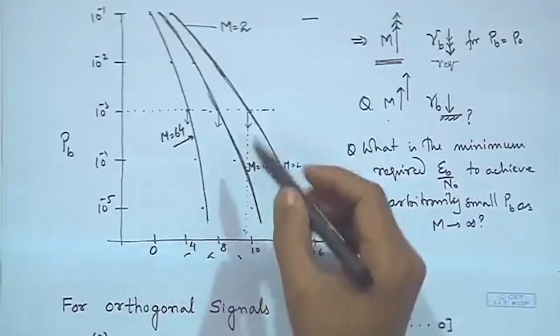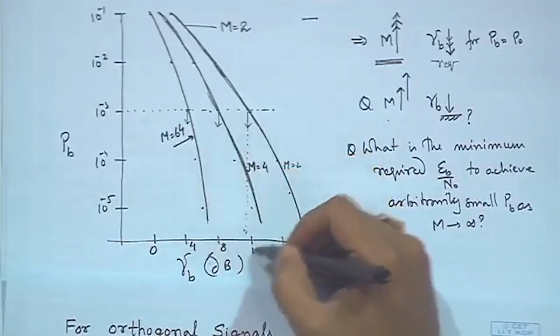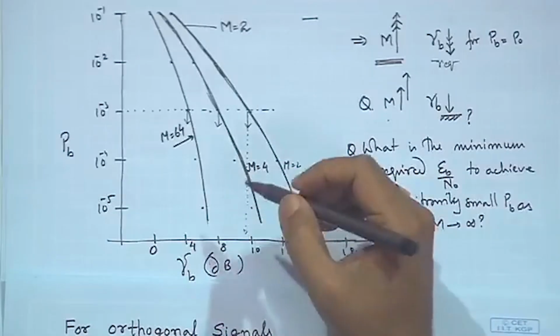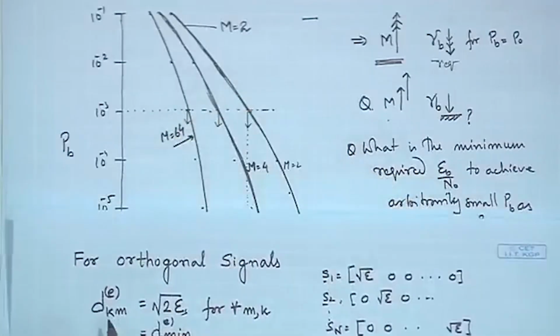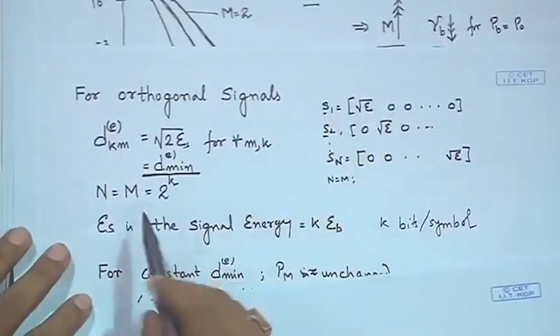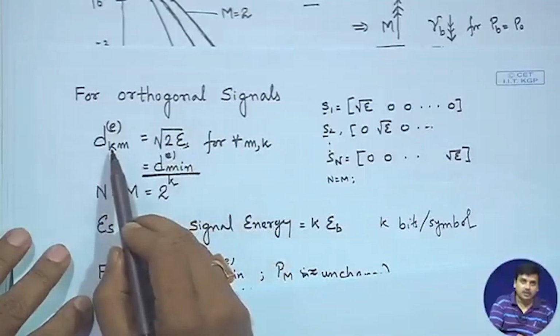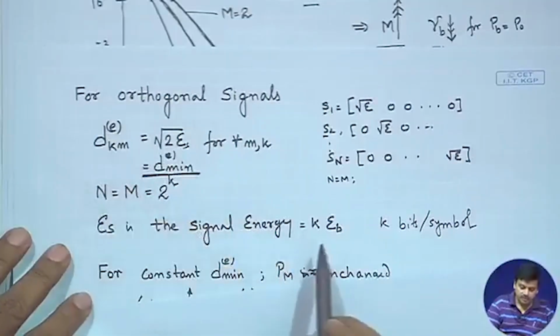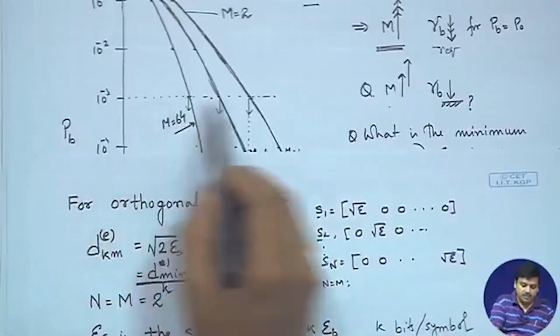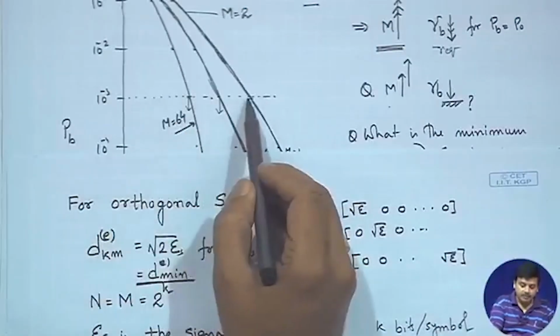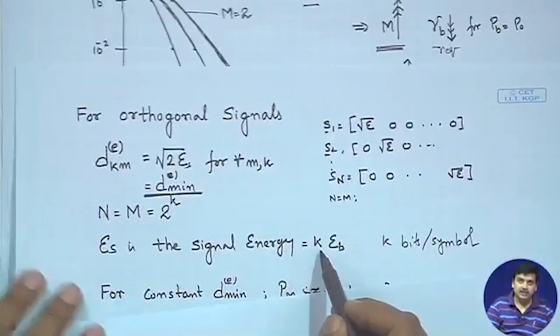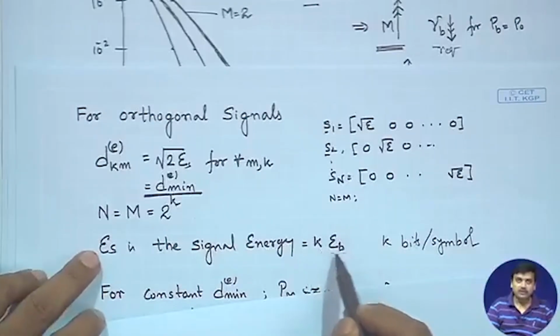So, if we have E_s as constant, that means distance is constant, because if E_s is constant, d is constant. It would mean that the probability of error is unchanged, that means we are talking of this line. If that happens, as k increases, if this is constant, then this must decrease.